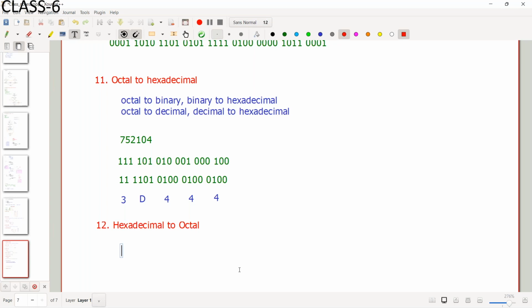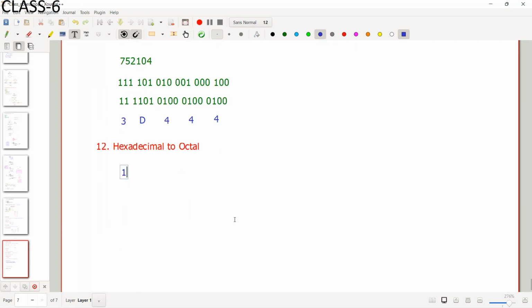I'll take one hexadecimal number, 1F2C5D8. So this is the hexadecimal number which I am considering.